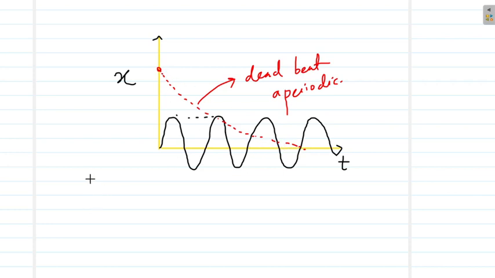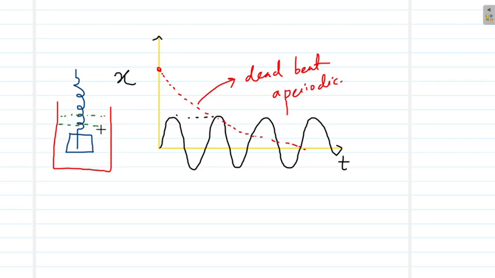If you want to imagine such a situation, you can think that we are oscillating our spring mass system in a heavy oil tank. Suppose this system is filled with heavy oil, not water, something with high viscosity, and you move this mass down and make the system oscillate.